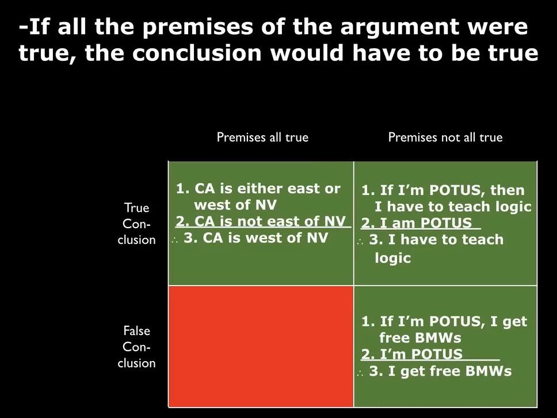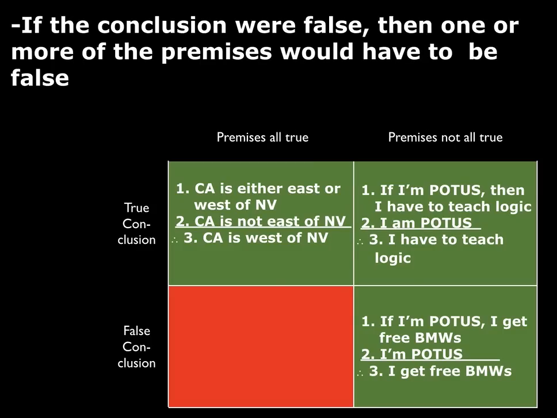The second version of the definition is saying, look, if the conclusion is false, so if we're on this row, then one or more of the premises would have to be false. So we're not in this column, we're in this column. Both of these definitions are equivalent, and what both of them are doing is ruling out this square. They're ruling out this combination of all true premises and a false conclusion.